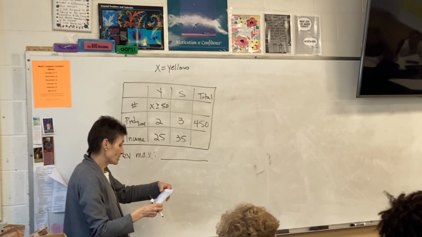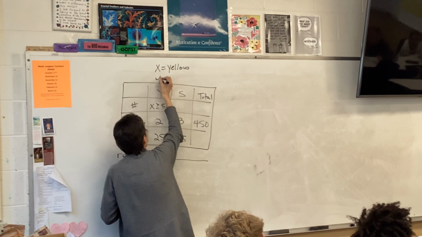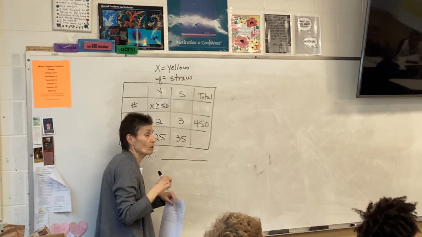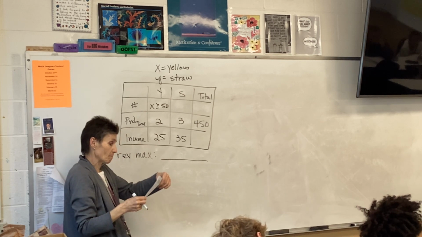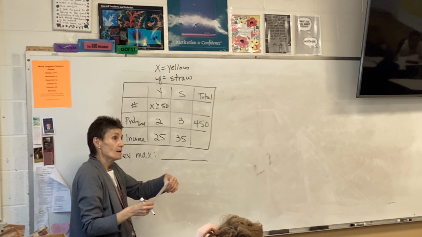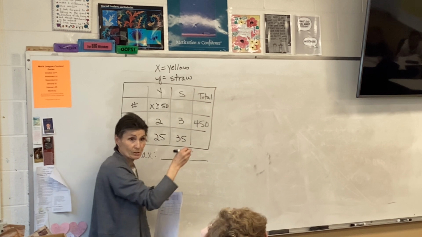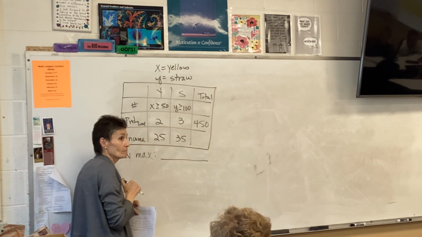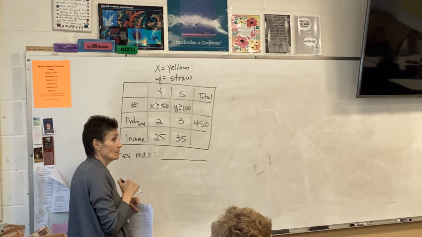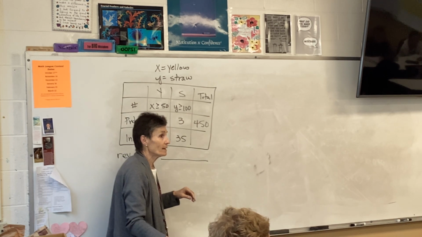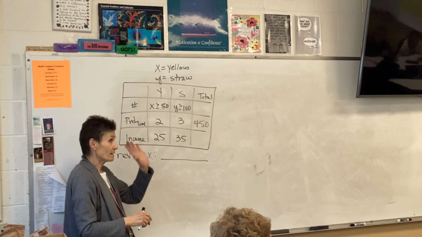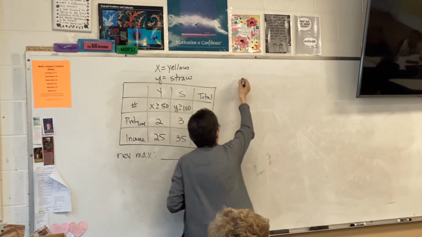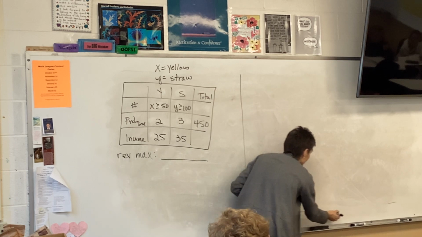Now what about strawberry cakes? If I let Y be strawberry, what do I know about the number of strawberry cakes I make? Has to be greater than or equal to 100. Do I know how many total cakes I can make? Nope, I don't know. I know I gotta make at least 50 yellows and at least 100 strawberries, but after that, I don't know. So I'm done with the chart.